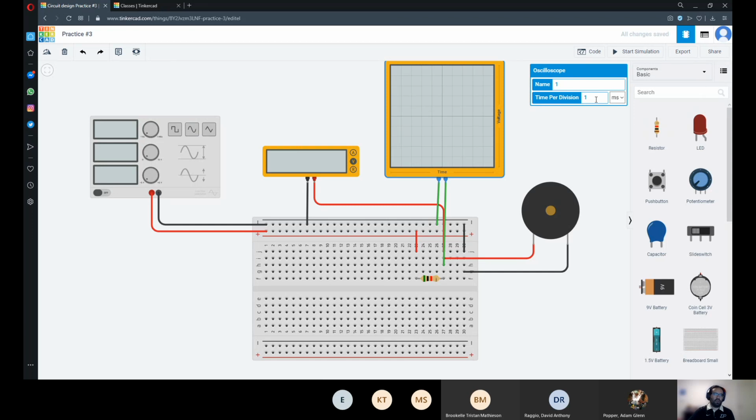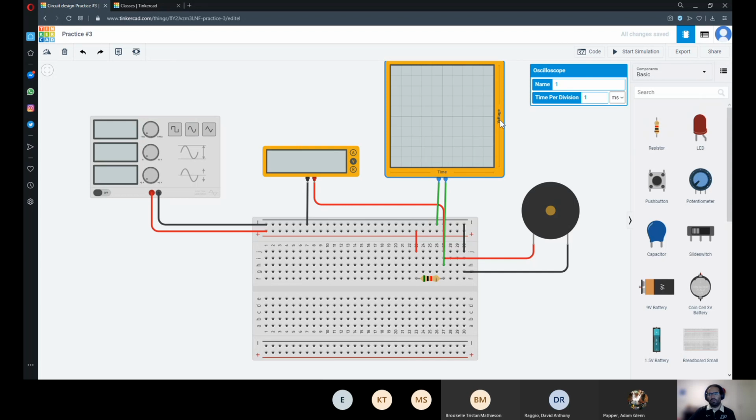Currently, we have it set for the time. So the time is 1 millisecond per division, and there are 10 of them. So the horizontal axis is going to be 10 milliseconds, and the voltage is just going to auto adjust. We don't have control over that variable, but if you were to work with the real oscilloscope, you will be able to manipulate the resolution too.